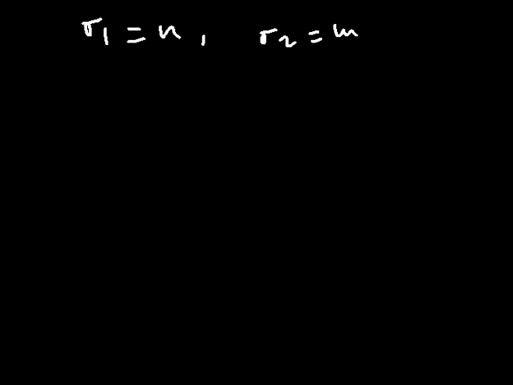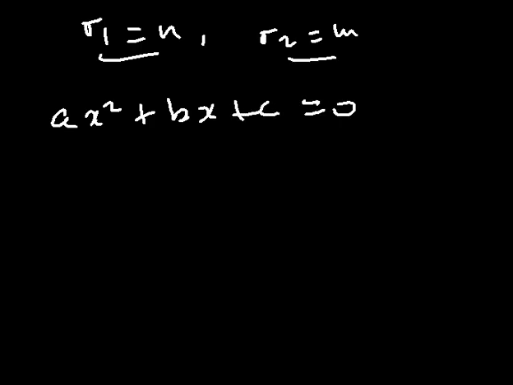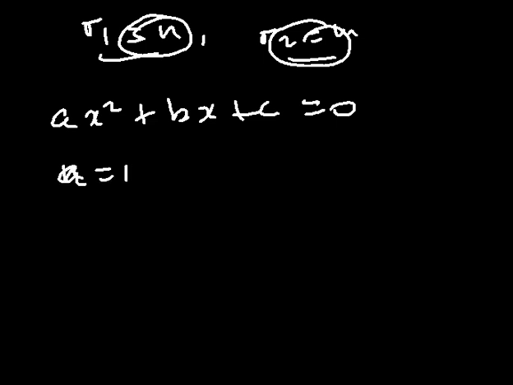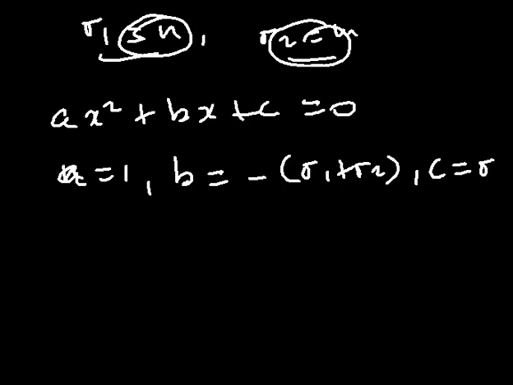So we can determine the quadratic equation given roots in the form ax squared plus bx plus c is equal to 0, whereby in all cases, if only the roots are given, the value of a is always 1, the value of b is given by the formula negative of root 1 plus root 2, and the value of c is given by the formula root 1 times root 2. So that's how we should have it.